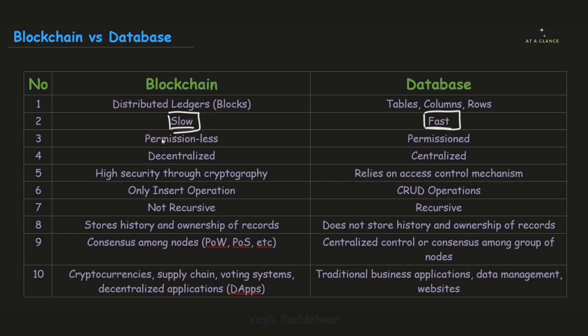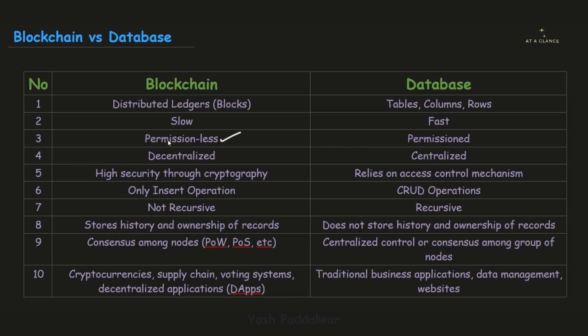Now the next point is that blockchain is permissionless. Yes, all the nodes that are involved inside the network of blockchain will be having all the rights. There is no special treatment to any of the nodes unless it is a private blockchain. In a normal public blockchain, every single node will be having equal privileges.